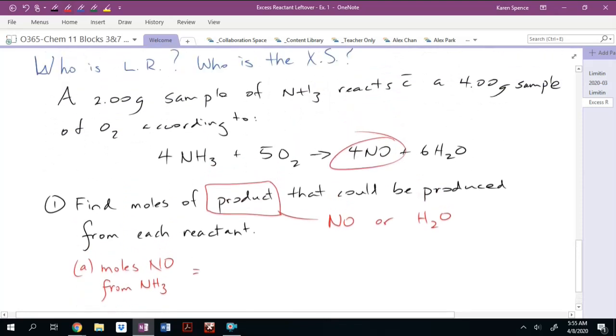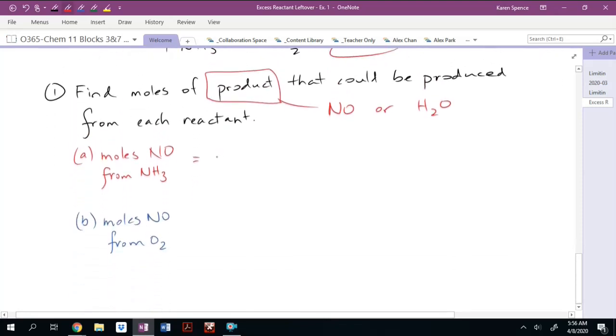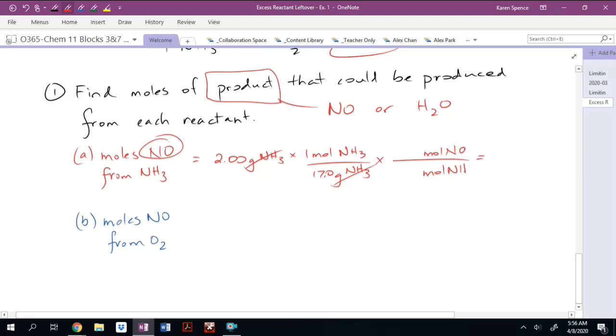Well, we start with 2 grams of NH3 times 1 mole of NH3 for every 17 grams of NH3. That'll give us our moles of NH3. Remember, first thing you do in stoichiometry, always convert to moles. If you've got grams, find your moles. Now we have moles of NH3, we want to find moles of product, so we're going to convert into moles of NO and cancel our moles of NH3.